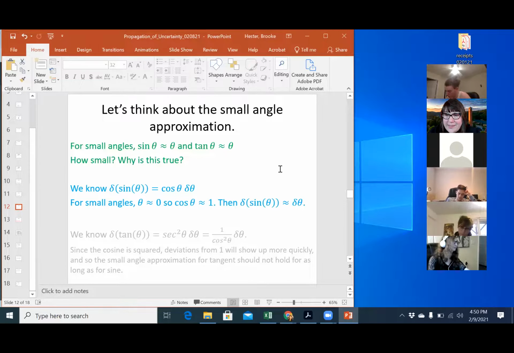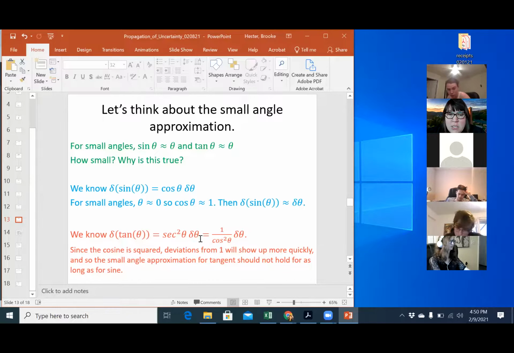Now, is that the same case for tangent? We know that the uncertainty in tangent of theta, like we calculated in the last slide, is secant squared theta delta theta. And secant squared theta is 1 over cosine squared theta.